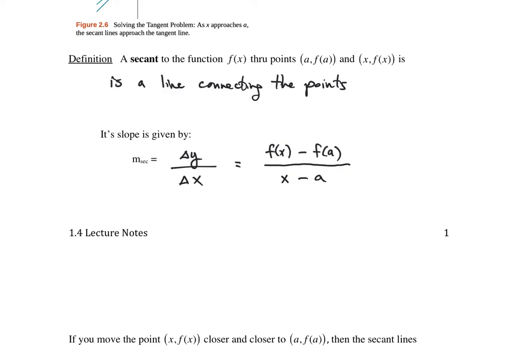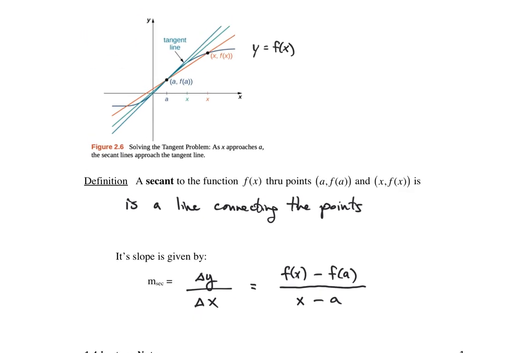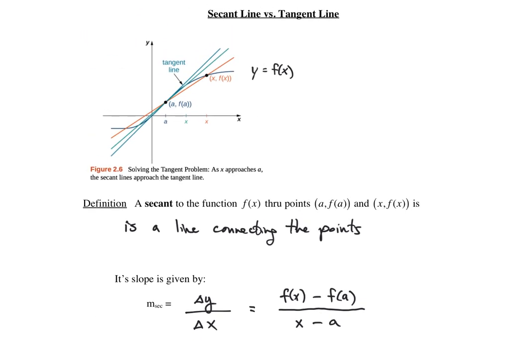What we want to do is take this x point and start moving it closer and closer to a. When I move x closer and closer to a, we want to see what happens.